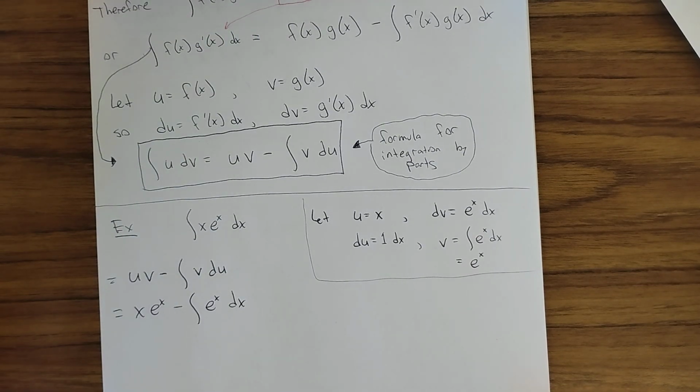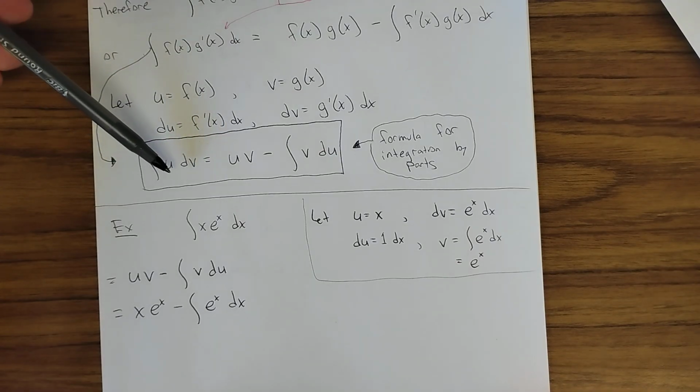Okay, now we have to take a step back. Here's the thing. Integration by parts has the power to make your life even worse than it was before, and we try not to let that happen. But how that can happen is integration by parts doesn't really do all the work for you.